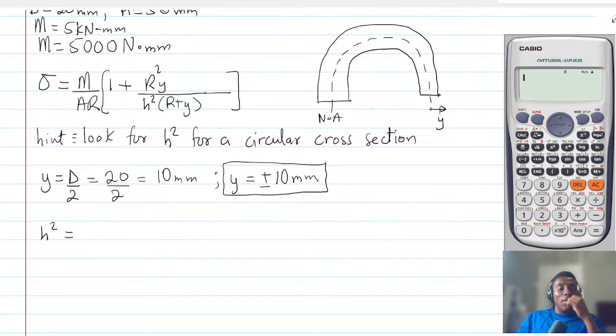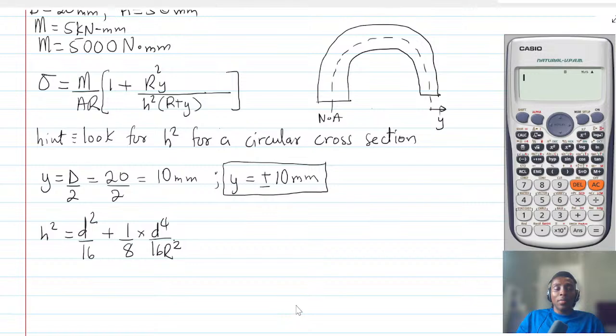The formula for h squared, if I have a circular cross section, is given by d squared over 16 plus 1 over 8 multiplied by d to the power 4 divided by 16 r squared.